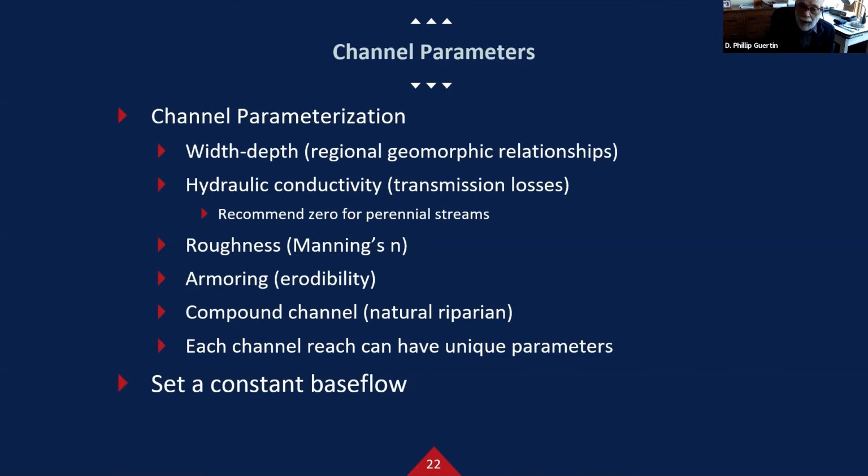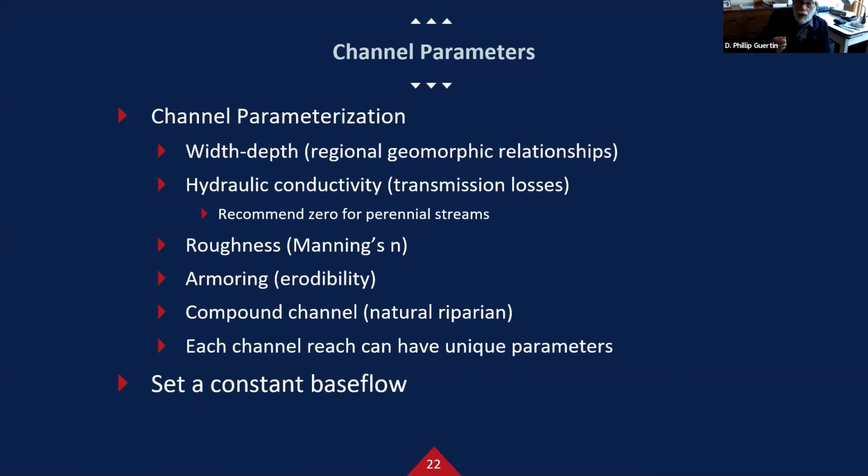Roughness: is it a highly rocky channel? Essentially, is it very wide, relatively shallow, rocky, with a high Manning's N number, or is it more like a trench, relatively narrow and deep? Then you'll have a smaller roughness value.